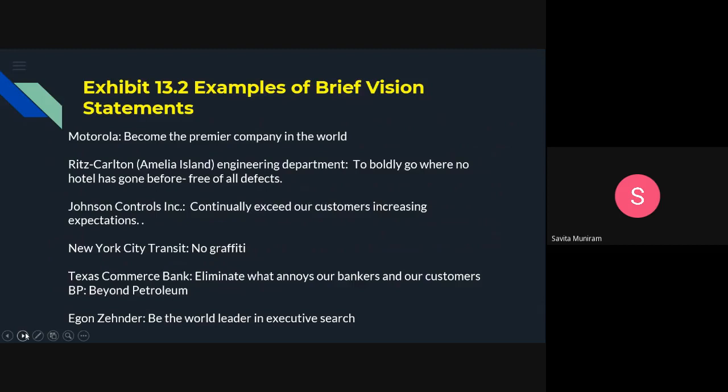New York City Transit: no graffiti. I don't know if they achieved that one, because I know there's a lot of graffiti throughout New York, but I think they're probably still working on it. Texas Commercial Bank: elite, what annoys our bankers, our customers. And BP, Beyond Petroleum, and their slogan is still there, and you can see that they're still working on that.